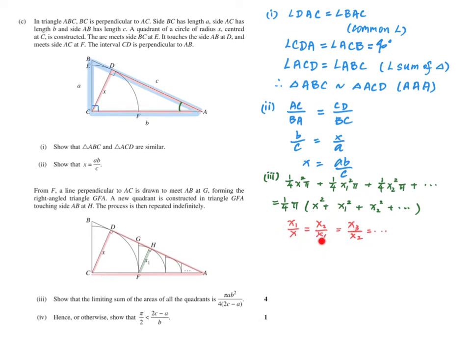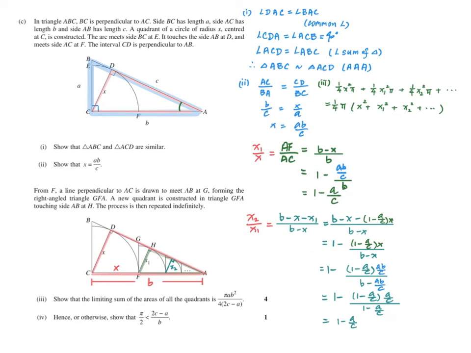If we can show that, then this x, x1, x2, x3, infinite number of terms, they are in geometric sequence, and the sum of a geometric sequence is not difficult to obtain. Our next target here is to show that these terms really are in geometric sequence.